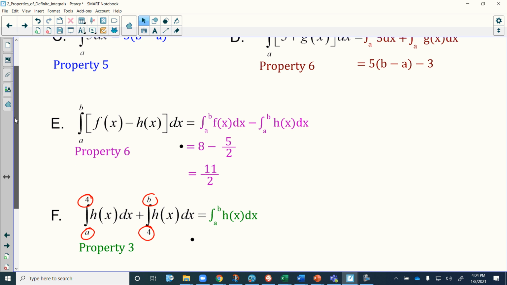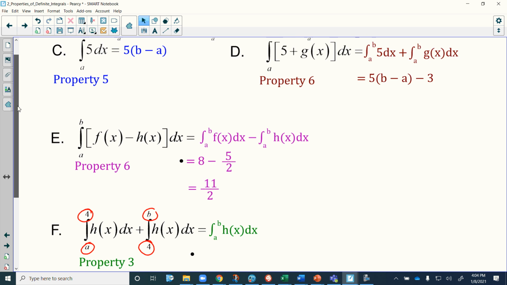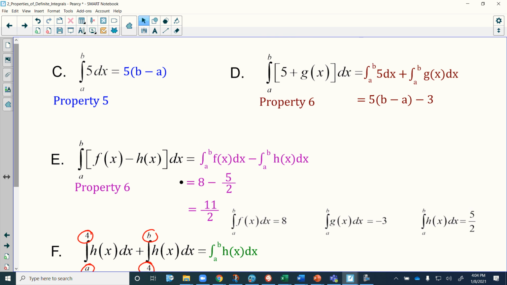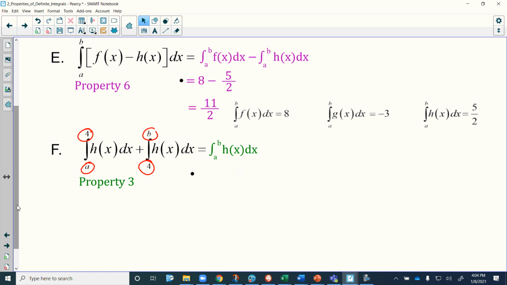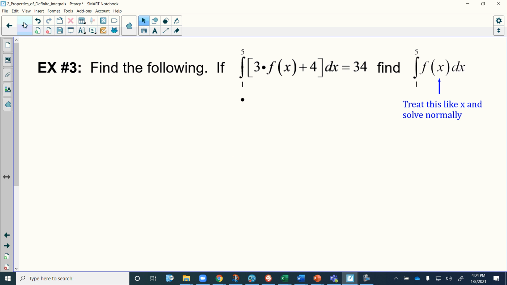Let me bring that down a little bit so we can see. So this is that third property. So we're able to show that we're just looking at the integration of function h from a to b. So we can just take the value of 5/2 that was given to me and say, okay, that's it. We're done. So that's how we're looking at the properties.